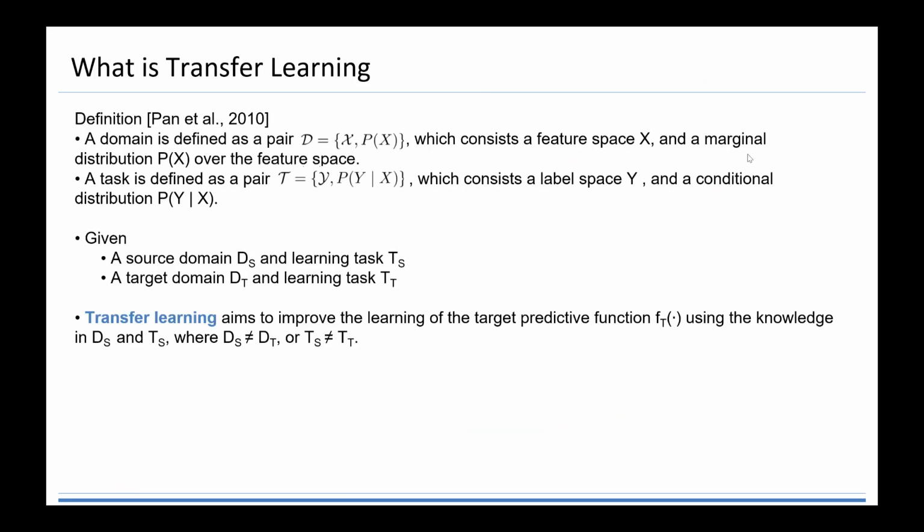By the definition in one paper from Pan et al. in 2010, there is a definition of domain and a definition of task. Domain means a pair of X and P(X), where X is a feature space and P(X) is a marginal distribution over the feature space.